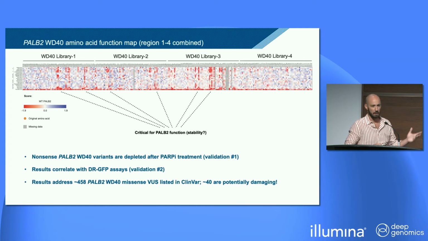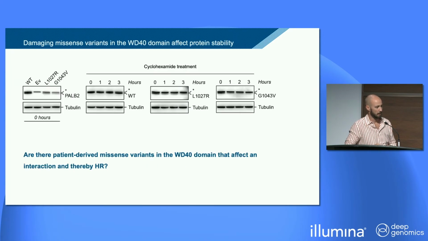That's because we identified a couple of variants in the WD40 domain already, and for those the results are at least in part published, but all of them impaired protein stability. We confirmed that with a cycloheximide treatment assay for 2 variants. Cycloheximide stops the synthesis of new proteins, so you can look at the pool of PALB2 protein over time.